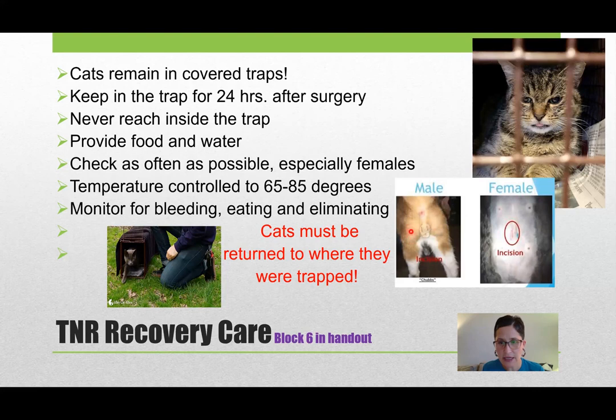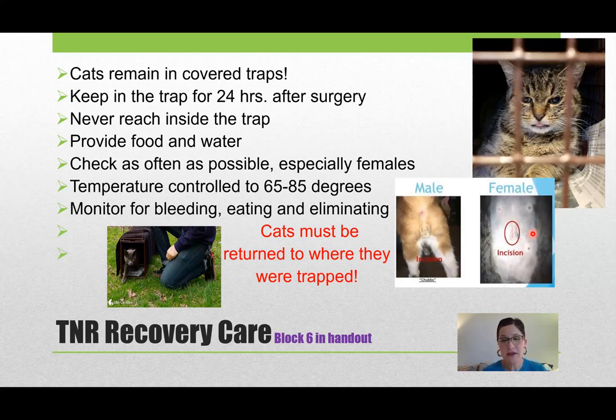The girl's incision site is going to be in the middle of her belly, so her incision site is a little bit more invasive. Just make sure that they're not bleeding, that they're waking up, and things like that.